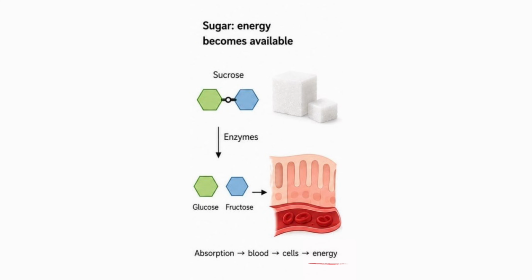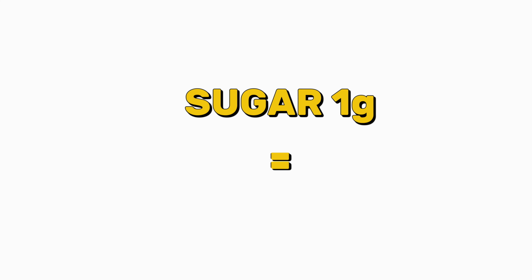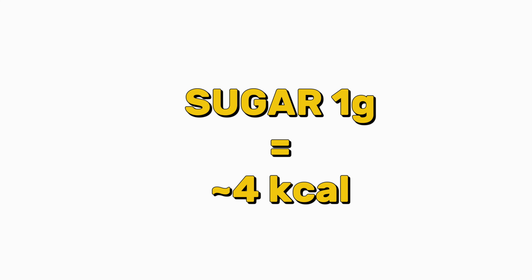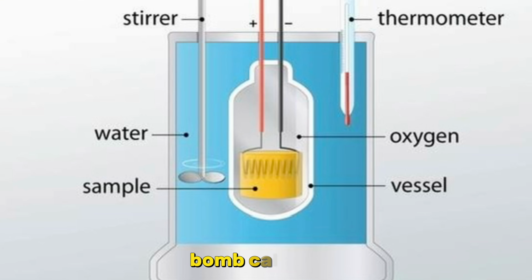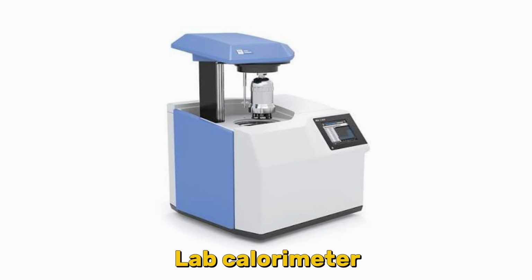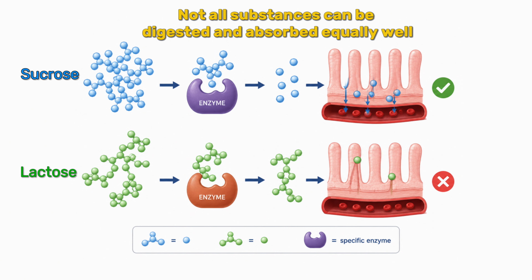That is why the body can extract a significant portion of the energy contained in sugar. 1 gram of sugar provides approximately 4 kilocalories. Historically, energy content was measured by burning food samples in a device and measuring the heat released. Later, these values were adjusted to reflect how much of the substance is actually absorbed and utilized by the human body.